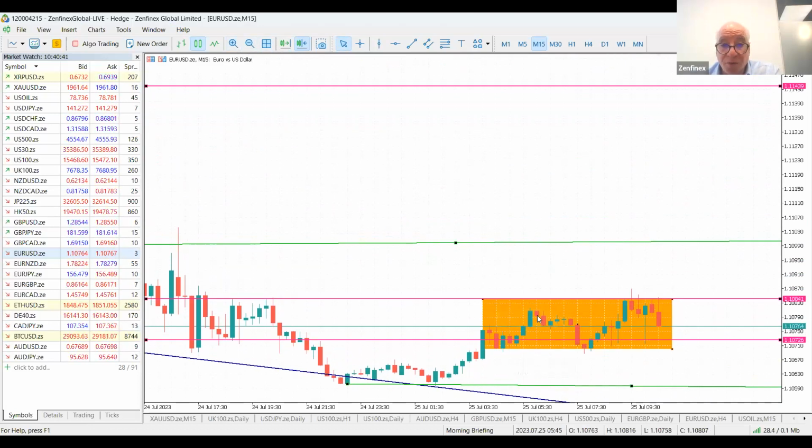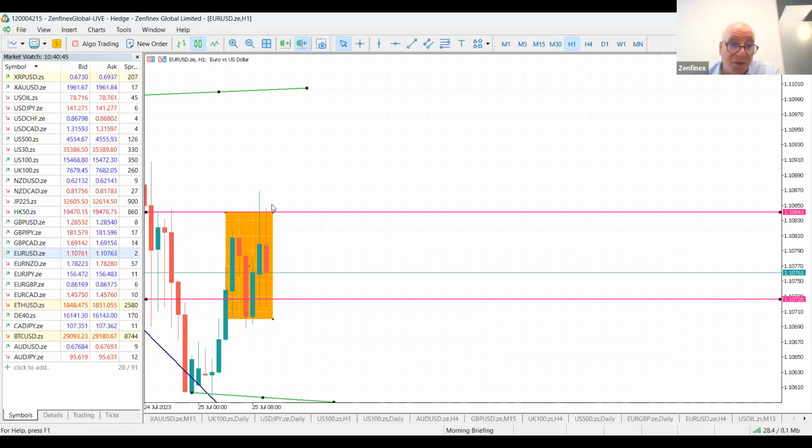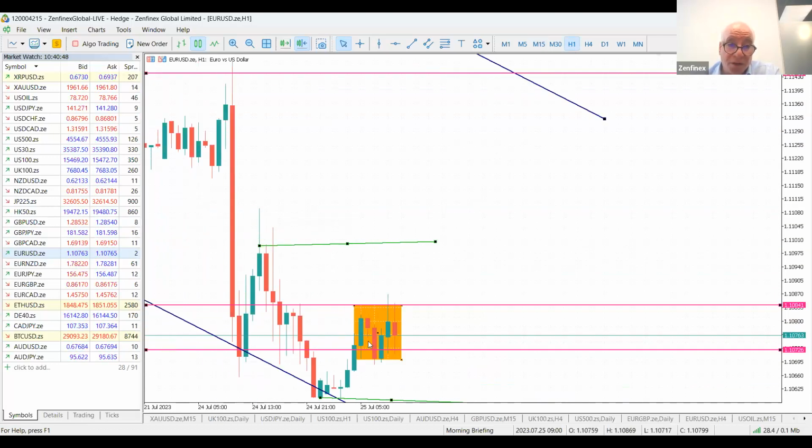Very similar to gold, we're trapped in this consolidation area from an hourly perspective for the last few hours, right? So what's happened is prices found a level here. They broke out, but couldn't get above these levels here.